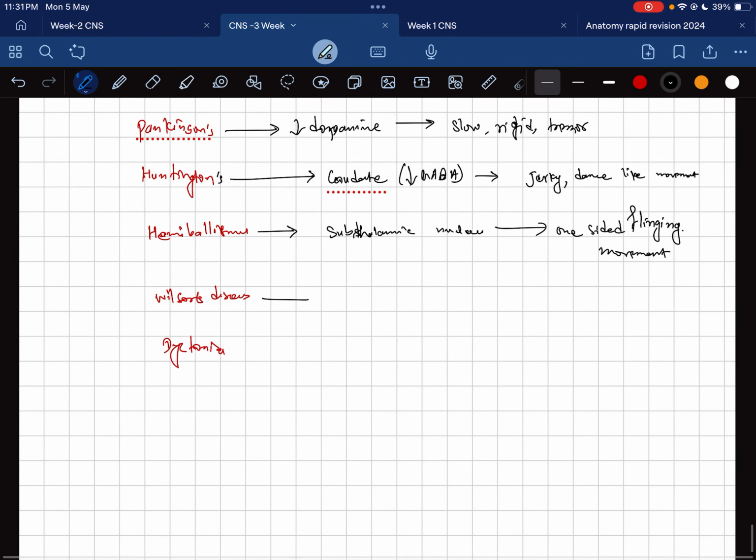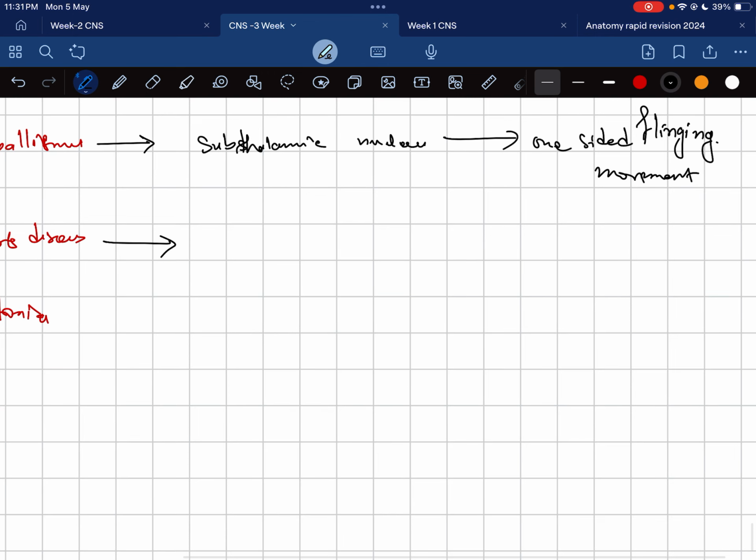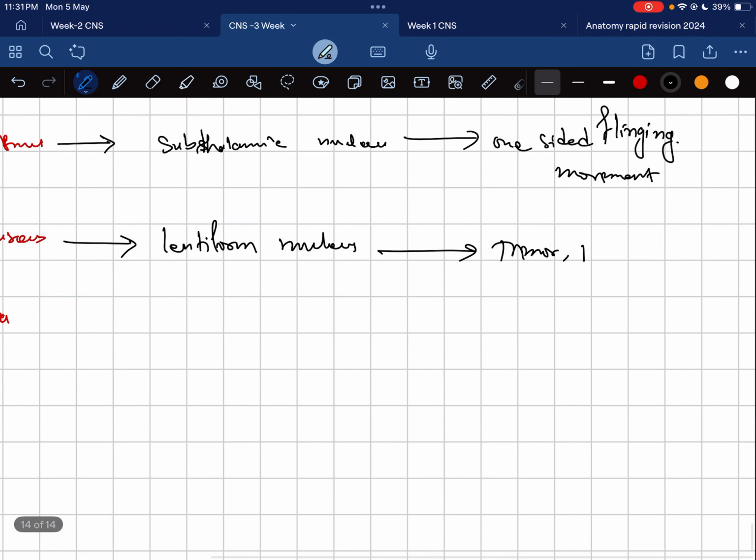And in Wilson disease, there is a problem in the lentiform nucleus, and that leads to tremor or psychiatric syndrome.